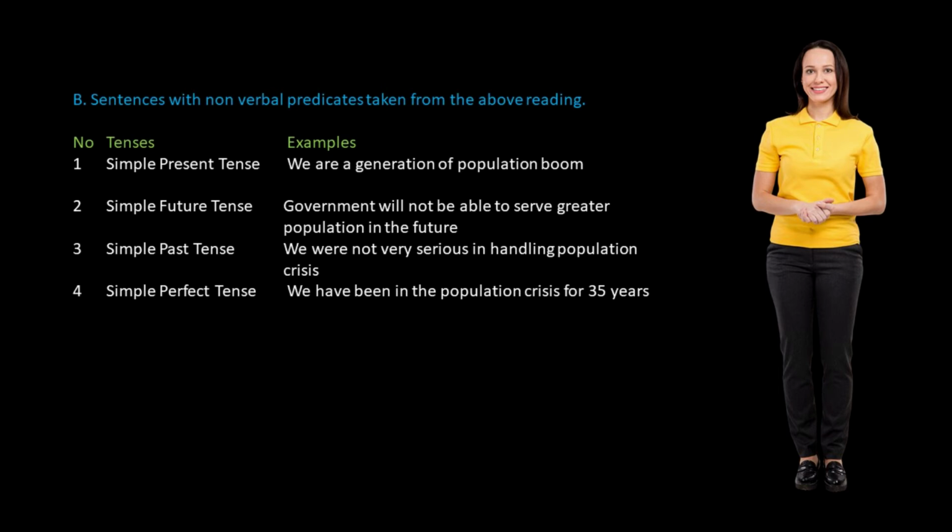For example, government will not be able to serve greater population in the future. 3. Simple past tense. For example, we were not very serious in handling population crisis. 4. Simple perfect tense. For example, we have been in the population crisis for 35 years.